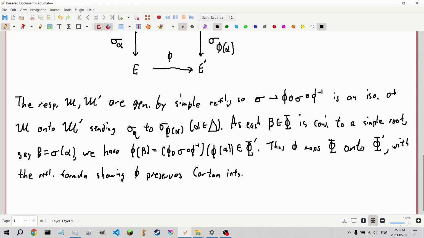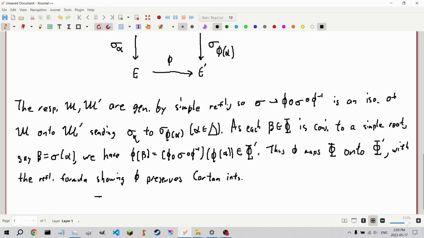So we have seen, thus we can recover our root system from its Cartan integers, and we can do this in practice, which can be done explicitly.